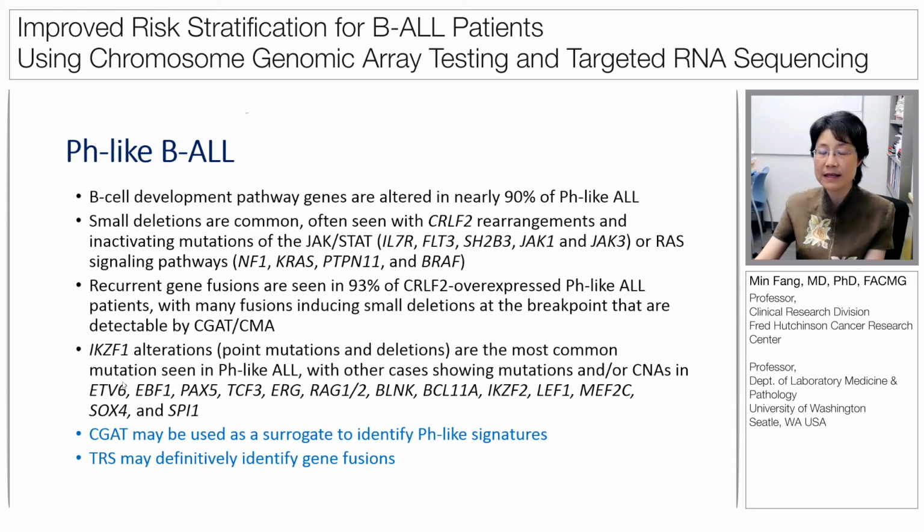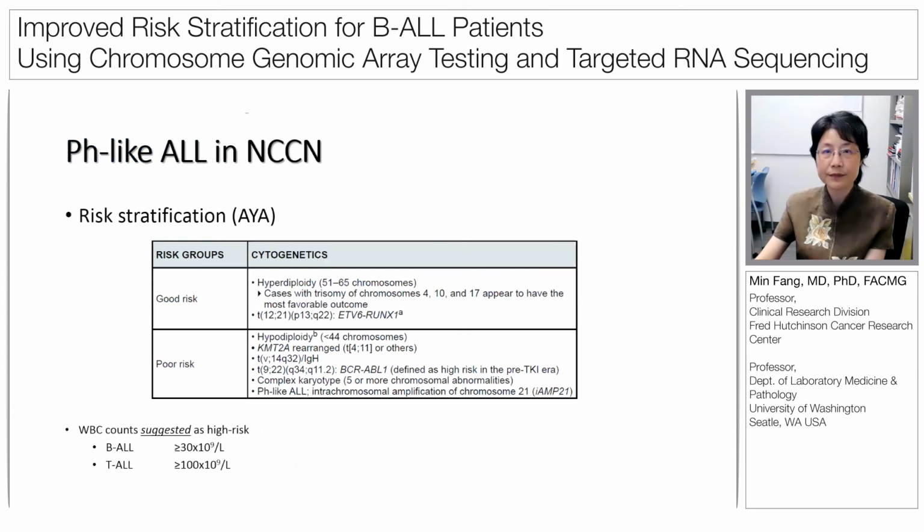We basically showed you with the slides that I showed you before already. So we felt like CGAT can really be used as a surrogate for identifying pH-like signatures, and the targeted RNA sequencing can definitively identify gene fusion.